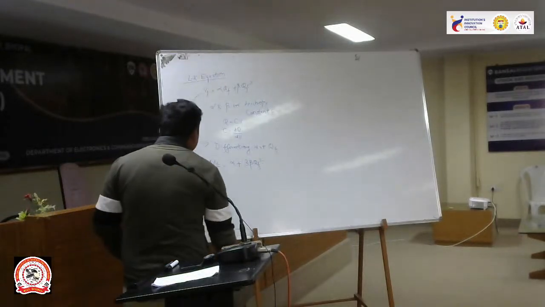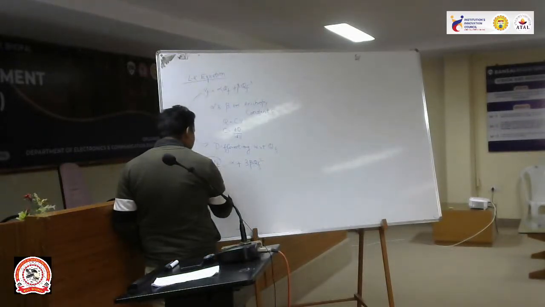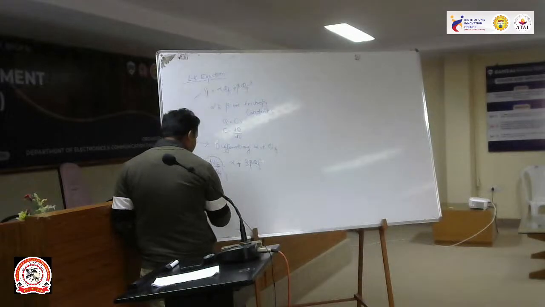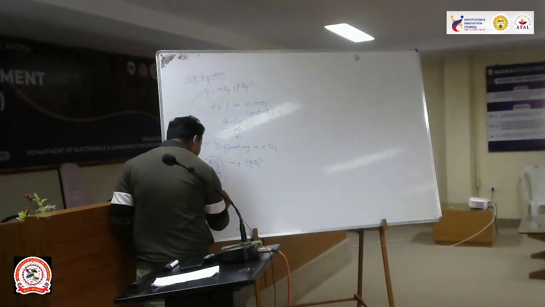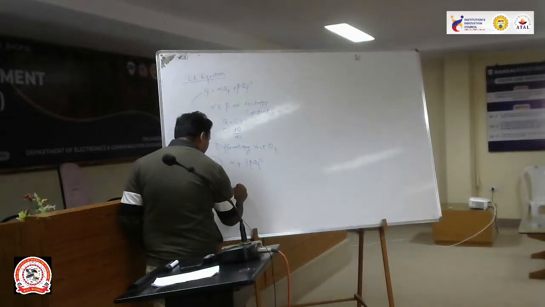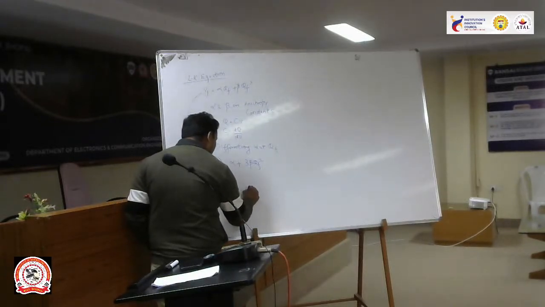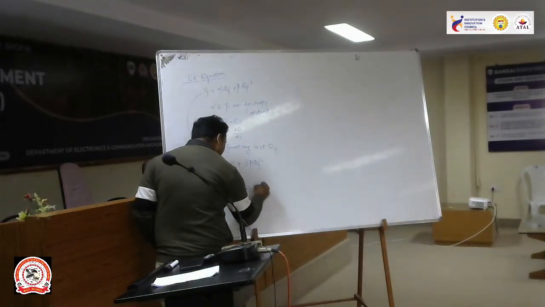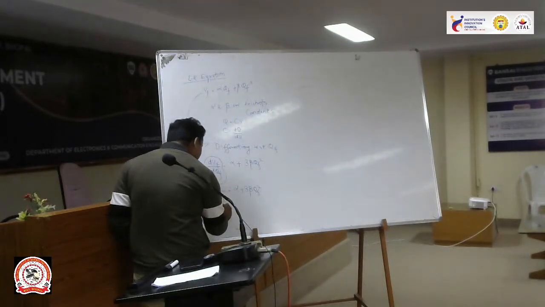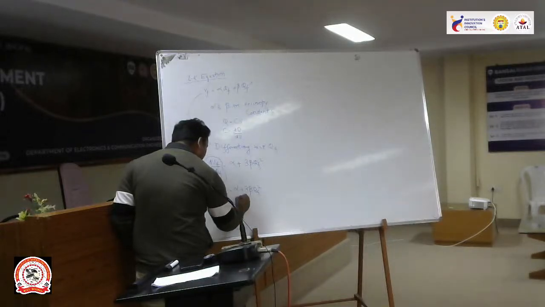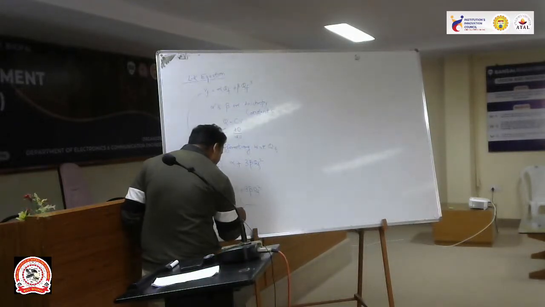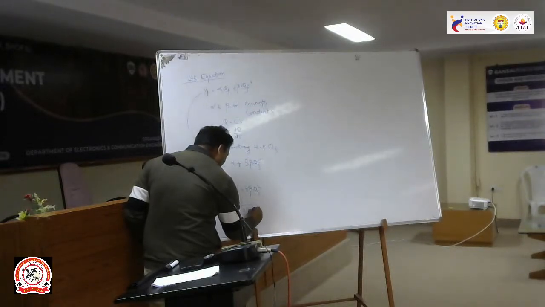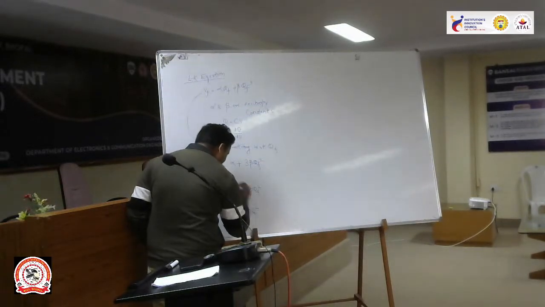Now, this is the inverse of capacitance, this is 1 upon Cf. So I can write 1 upon Cf equals alpha plus 3 beta Qf square. Further, I can write Cf equals 1 upon alpha plus 3 beta Qf square.